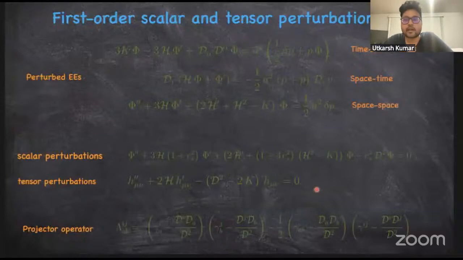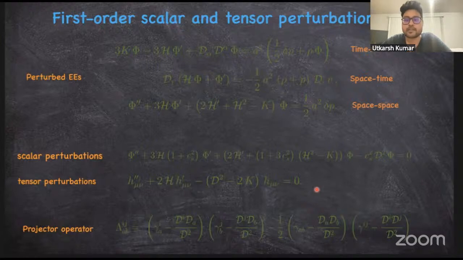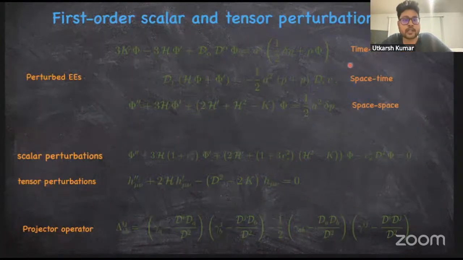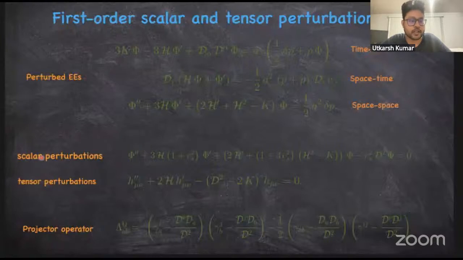Now we will describe the first order scalar and tensor perturbations in the general FRW background. At first order, the scalar perturbations can be decomposed into time, space-time, and space components. It is straightforward to combine these three perturbations to give an evolution equation for the scalar perturbations at first order.